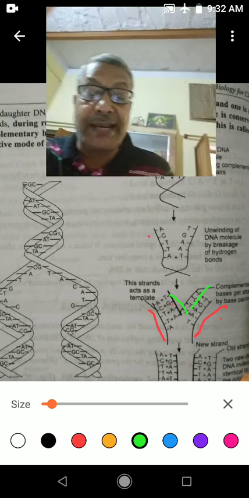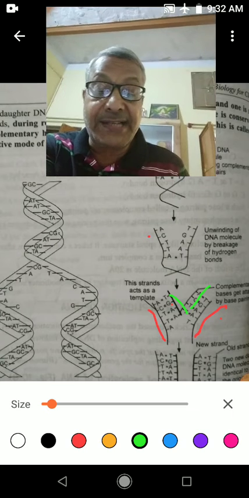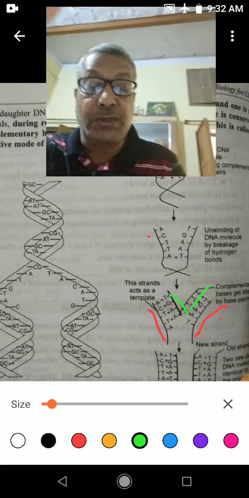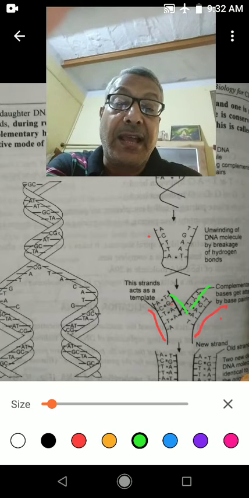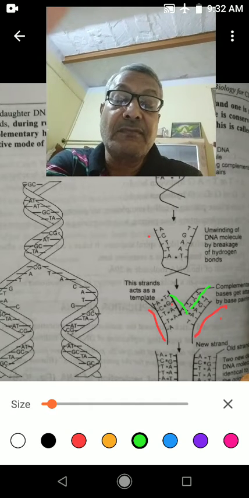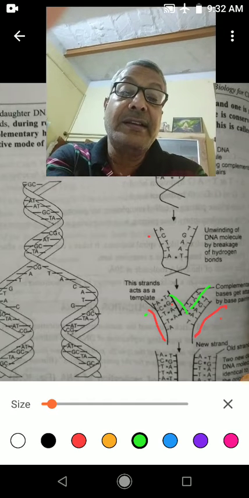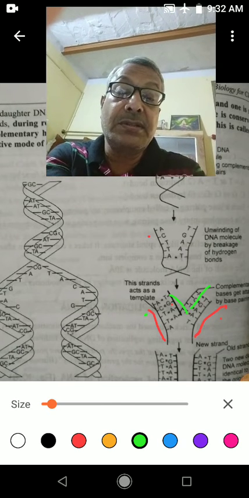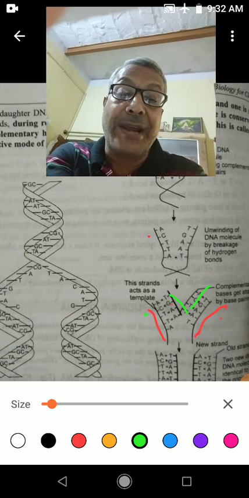Each nucleotide of the separated chains attracts its complementary nucleotide from the cell cytoplasm. As there is adenine, it will attract thymine. Cytosine will attract guanine.